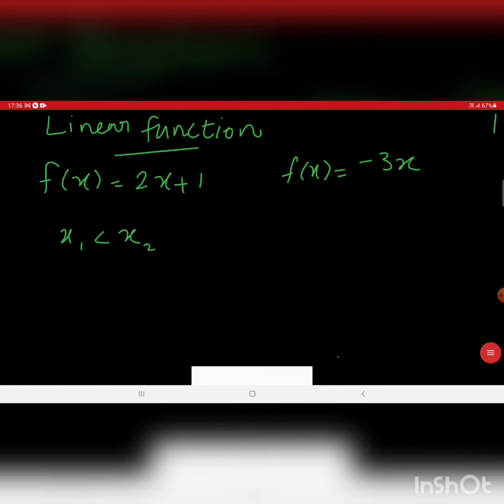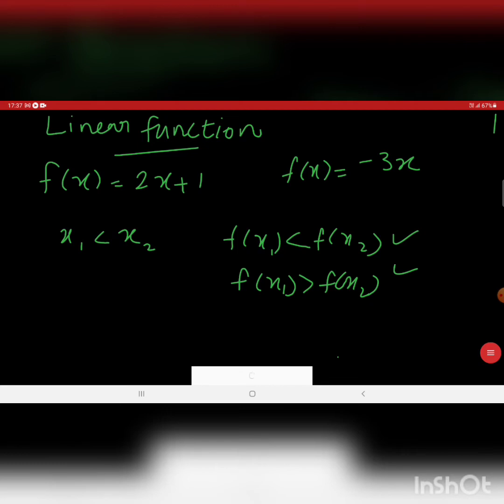Then we have to check whether f of x1 less than f of x2 or f of x1 greater than f of x2. According to that, we can say it's an increasing or decreasing function.